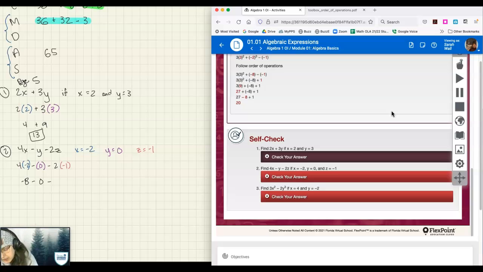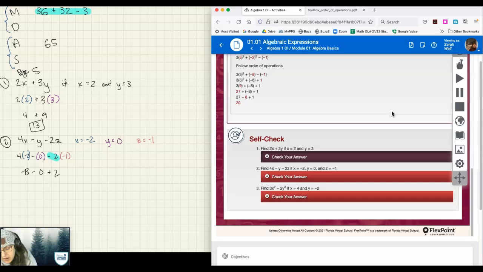And 2 equals, what is that? 2 times -1. -2, because remember, I'm taking the whole thing with me. -2 times -1 equals positive 2. And then -8, essentially plus 2, because your 0 isn't doing anything, equals -6.